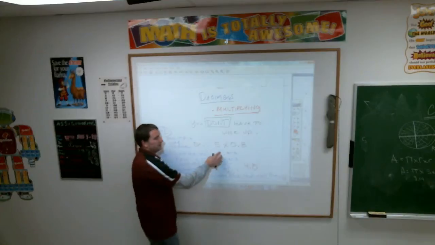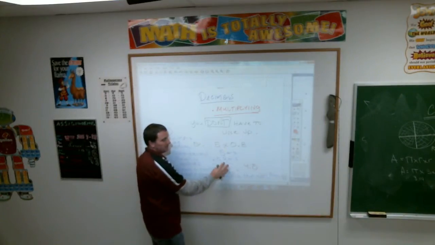However many digits are to the right of the decimal in these two numbers is how many digits are to the right of the decimal in your answer.